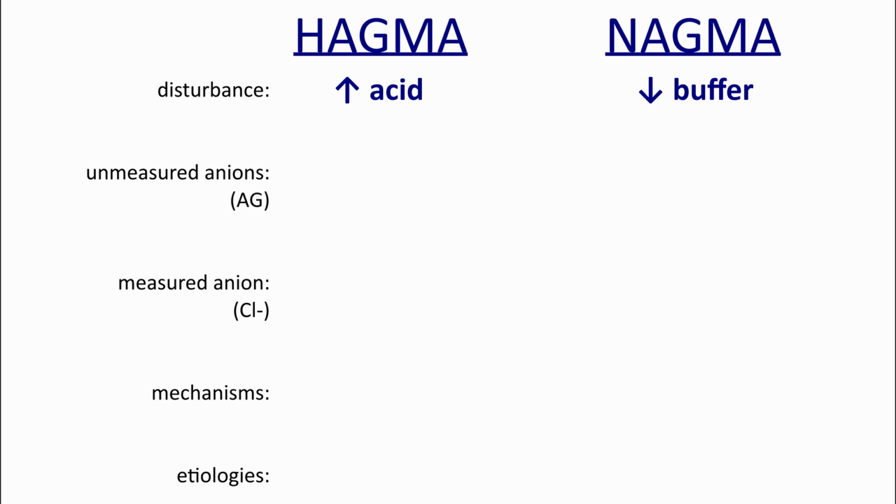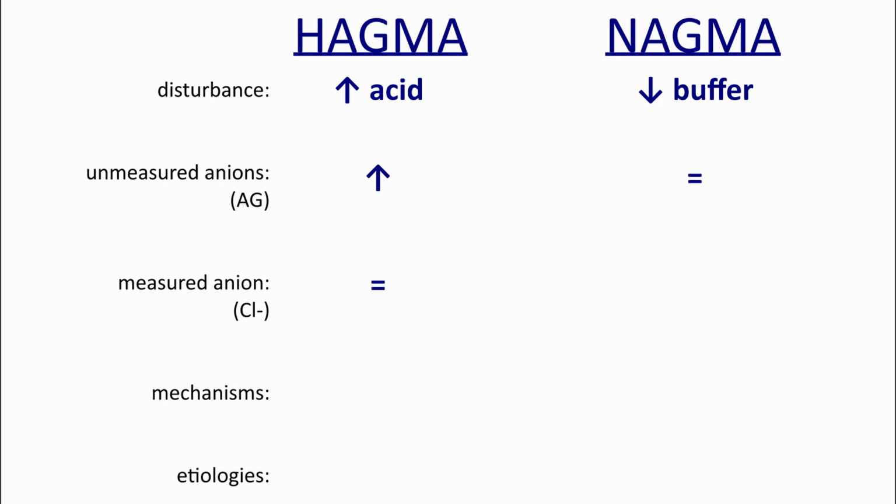The unmeasured anions in a high gap are going to be elevated because these are either going to be the conjugate base to the acid that's causing the acidosis, or the acid-producing process is going to produce anions in and of itself. The non-gap acidosis is going to have no change in the unmeasured anions because there is no increase in net acid.